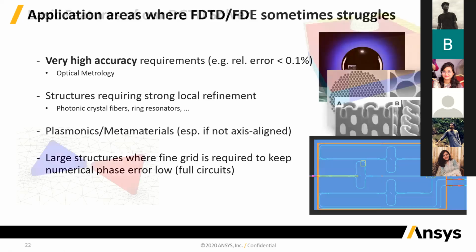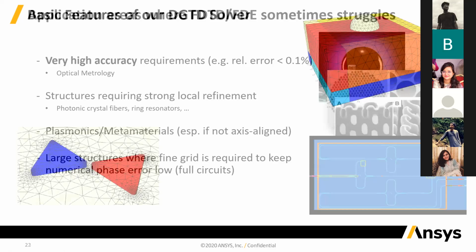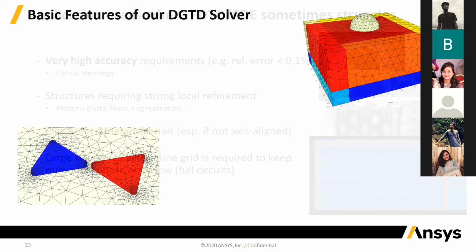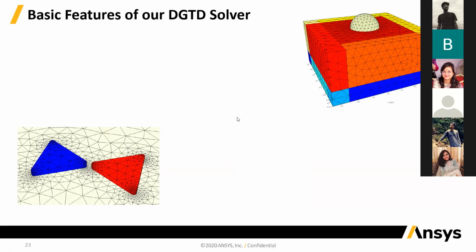And so that's where some of the other optical solvers come in. The DGTD solver, or the discontinuous Galerkin time domain solver, like I mentioned earlier, again solves Maxwell's equations in a 3D volume, but it uses a finite element mesh.